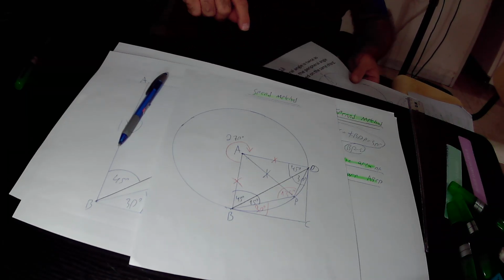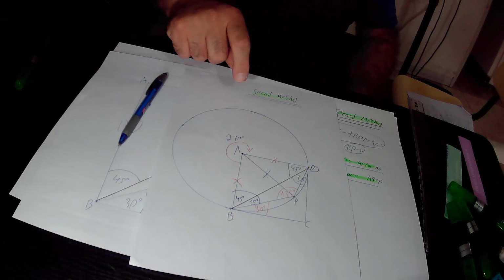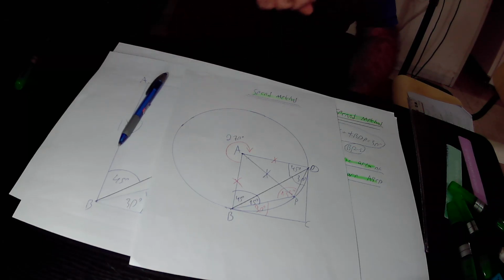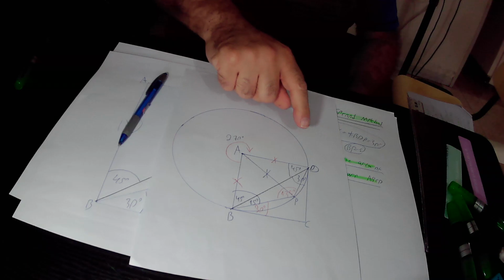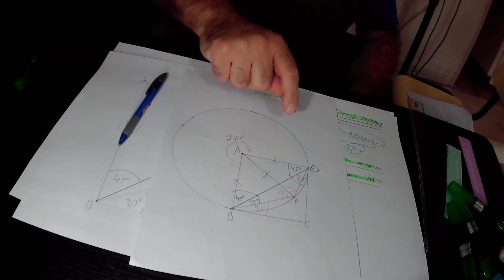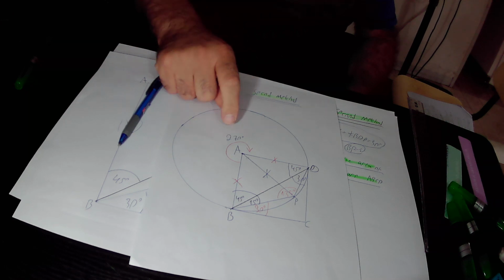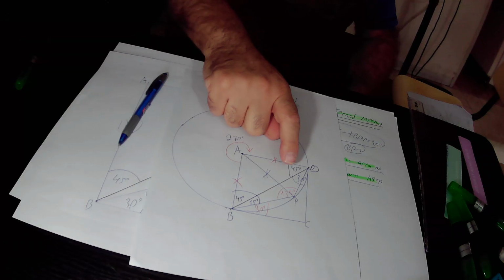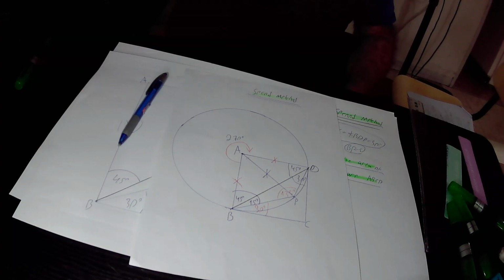Here we have the size of central angle BAD, which subtends chord DB, is 270 degrees. The size of angle DBP that subtends on the same chord DB equals 135 degrees. So the size of central angle DAB is twice as large as the size of angle DBP, and they both subtend on the same chord DB.